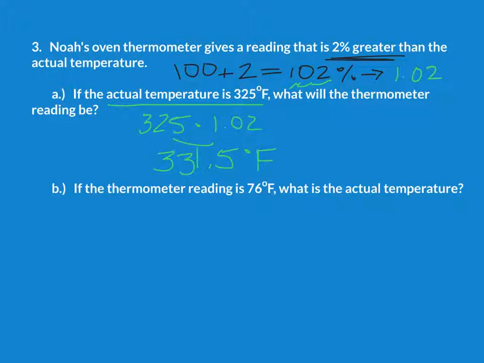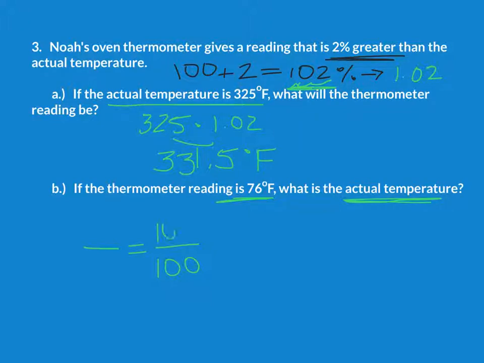Now, it tells us the thermometer is 76 degrees Fahrenheit, and we wonder what the actual temperature is. It's because we're kind of reversing this, and we know that there's division going on, but again, I like to stick to that percent proportion because I think it's far more straightforward. So, we know that percent is always out of 100, and we know what we're looking for is 102%.